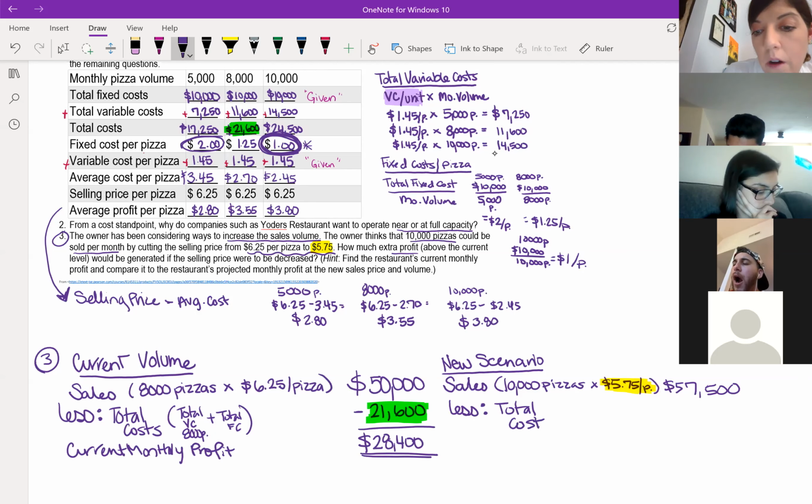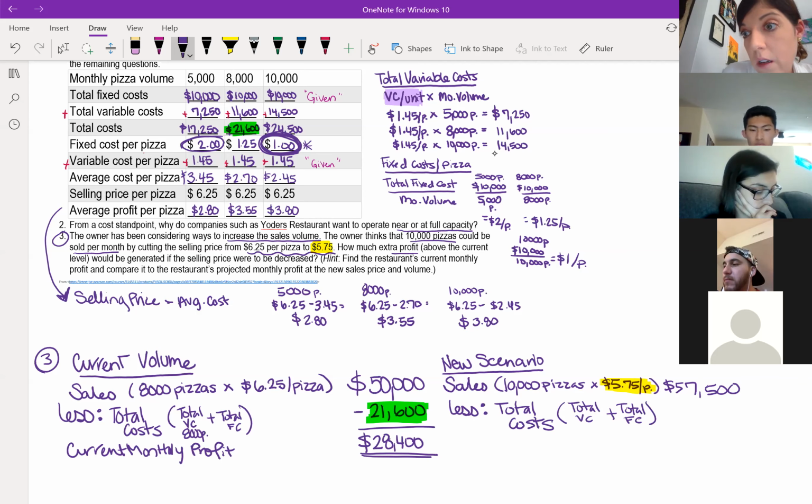Less our total costs. So total variable costs plus total fixed costs. Can I just carry over the 21,600? No, because it's the total variable costs at 10,000 units sold, right? 10,000 pizzas.